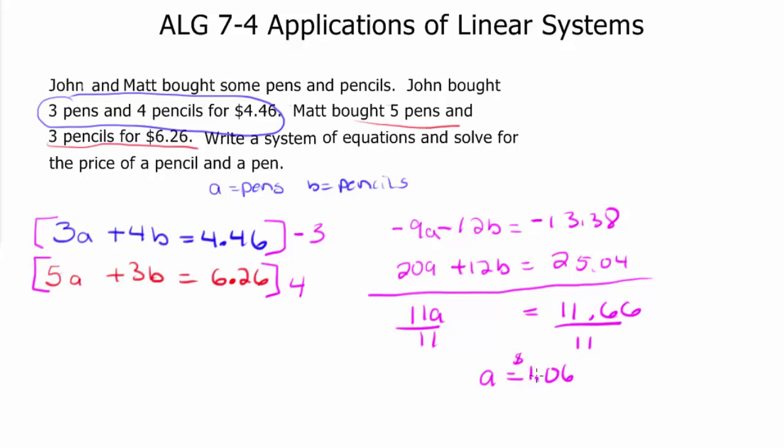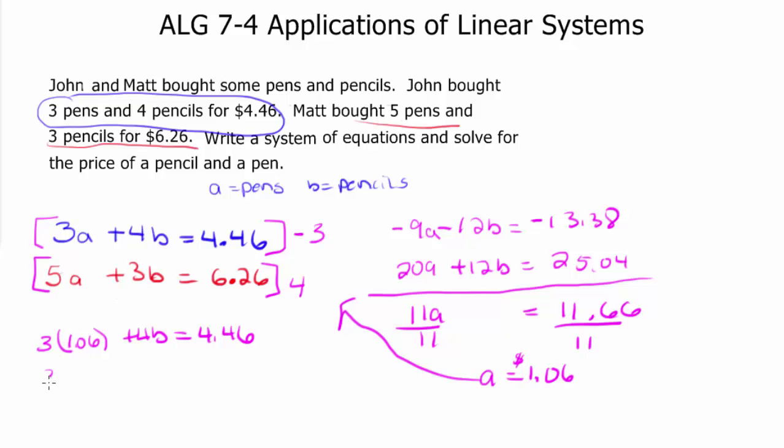So each of them are $1.06. And then we have to figure out how much our pencils are. Okay, so we plug that back into one of them. It doesn't matter which one. So 3 times 1.06 plus 4b equals 4.46. Okay, so 1.06 times 3.